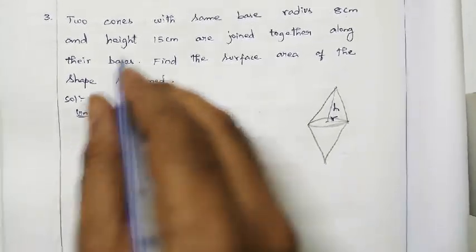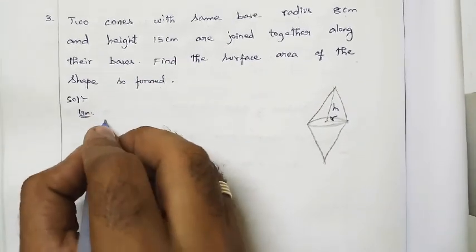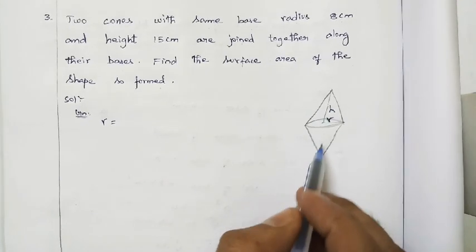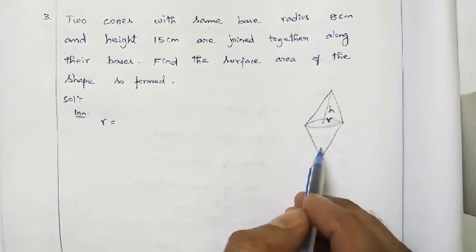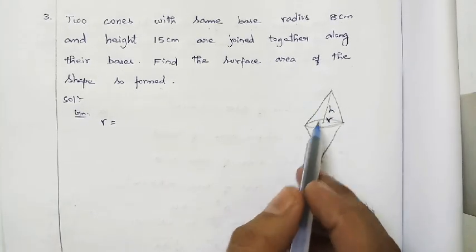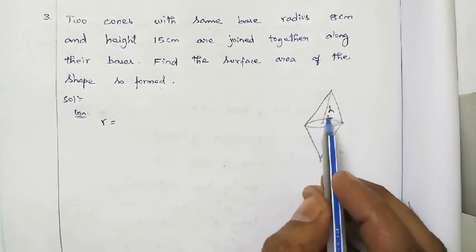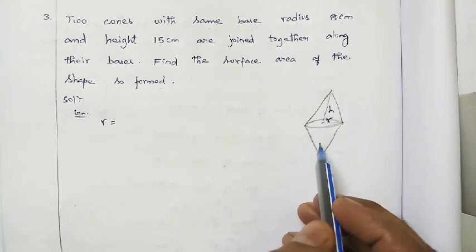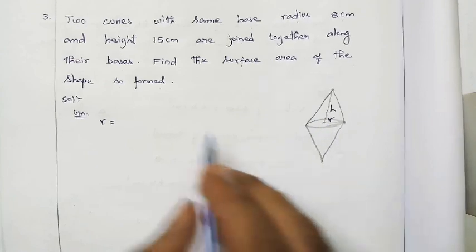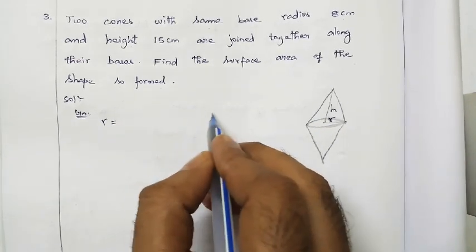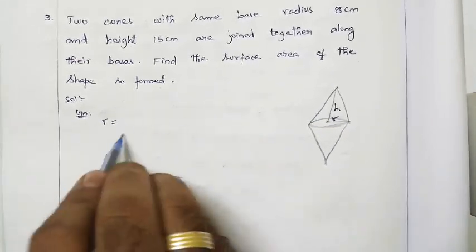So first write the given. What are the givens we are having? We are having two cones, but the radius is the same for both the cones, right? If we are having different cones, we have to write cone 1 and cone 2, and write different radius, different height.